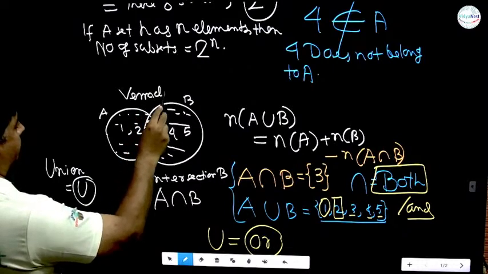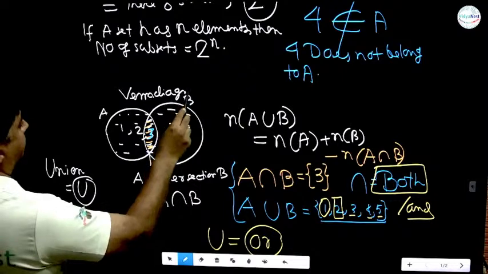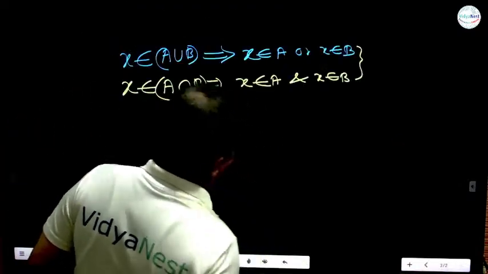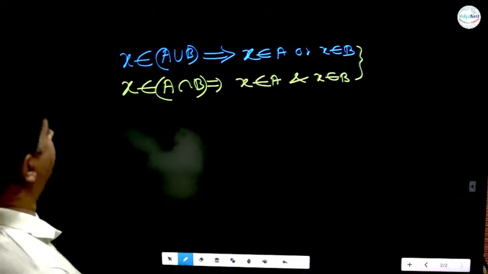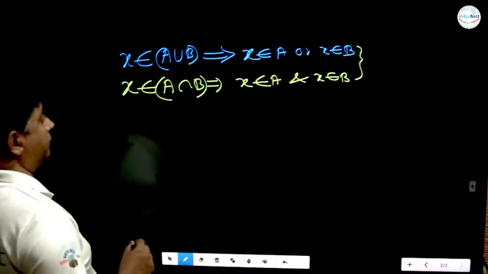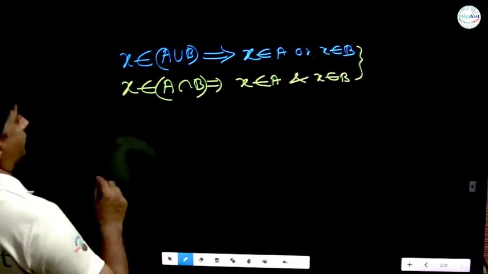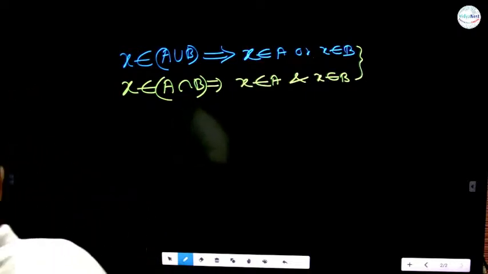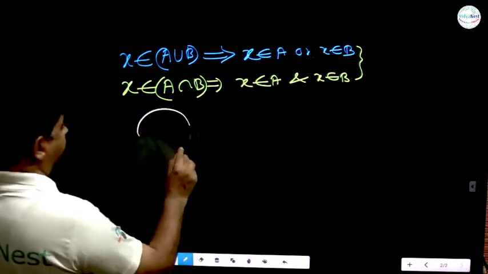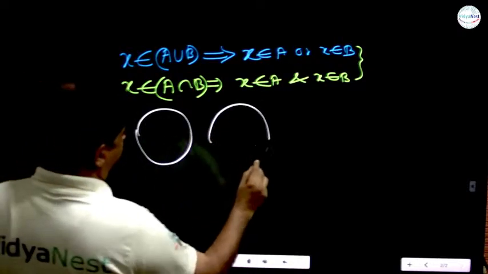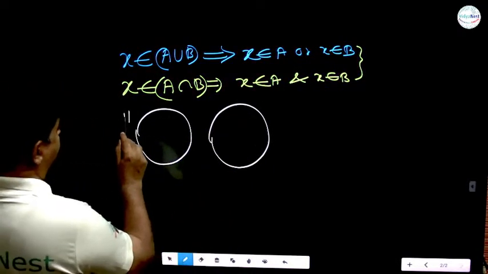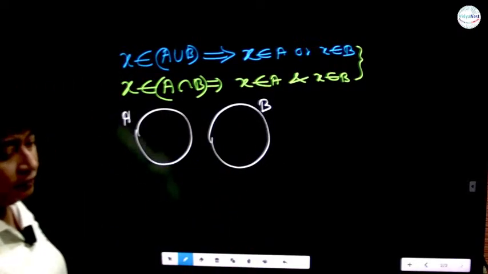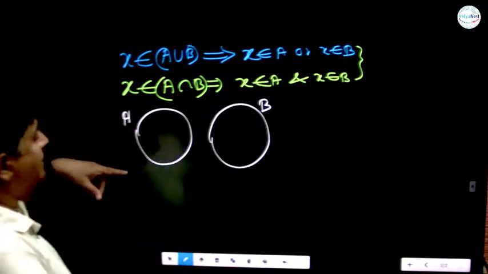Now, see, suppose two sets are given, but they do not intersect with each other. That means they are kept aside.